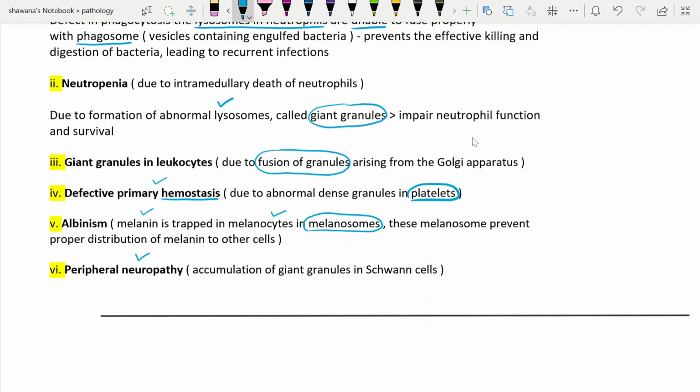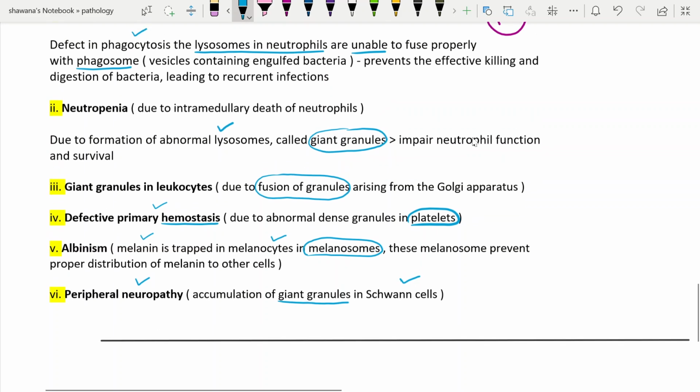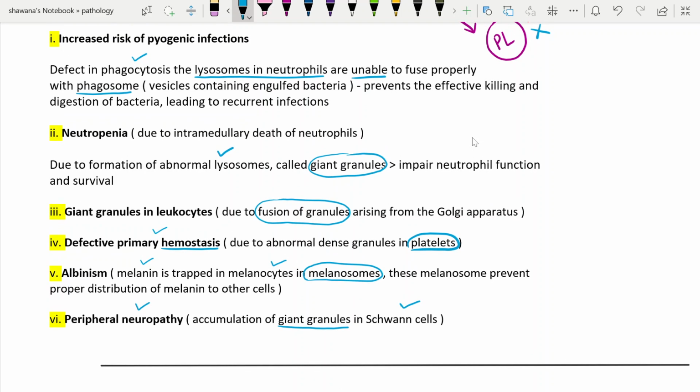The last is peripheral neuropathy. Our peripheral nerves bring signals towards the central nervous system, right? But the signal is transported via the Schwann cells, inside the axon of that neuron. So there will be accumulation of giant granules in the Schwann cells. Basically, in all of the clinical features there is some sort of granular involvement.